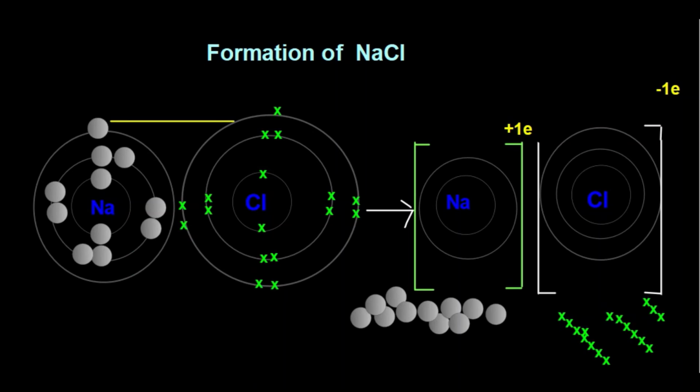Now we'll see what will happen after the loss of 1 electron from the valence shell of sodium. Now we'll write the electronic configuration of the sodium ion after the loss of 1 electron. The electron is shifted from the sodium atom to the chlorine atom.